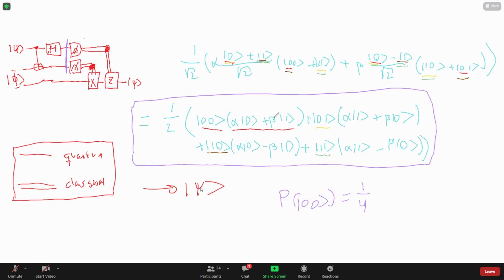And here you have alpha and beta, but alpha squared plus beta squared is just 1, so you get 1/2 squared, which is 1/4. Similarly, the probability to get 0, 1 is 1/4, the probability to get 1, 0 is 1/4, and finally the probability to get 1, 1 is also 1/4.